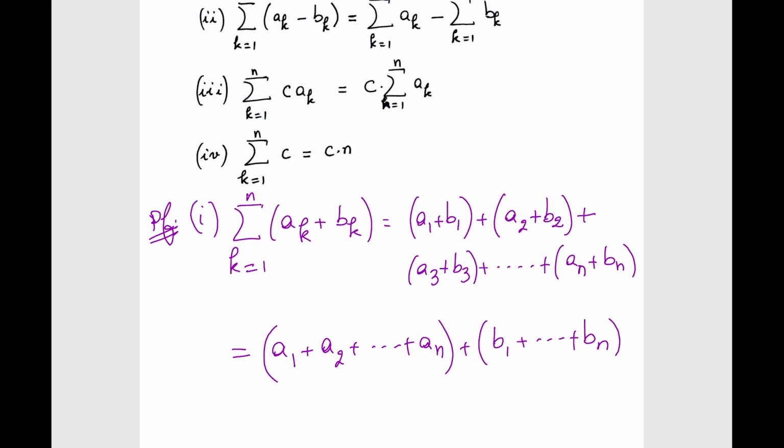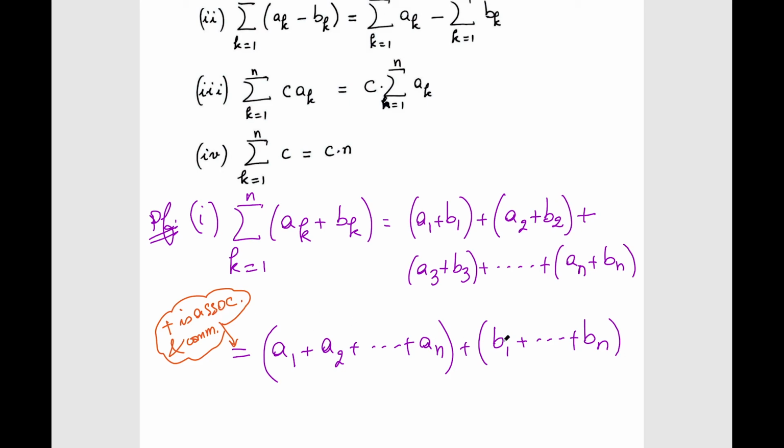Again, the real engine here is that addition is associative and commutative. Remember, associativity has to do with grouping and commutativity has to do with order. So the order doesn't matter if you add a1 plus b1 or b1 plus a1, and the grouping doesn't matter because of associativity.